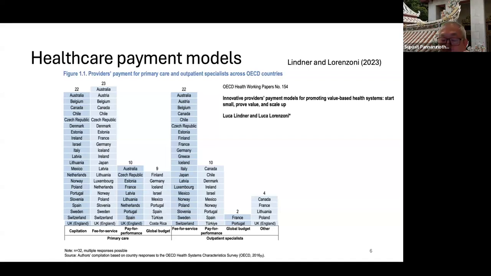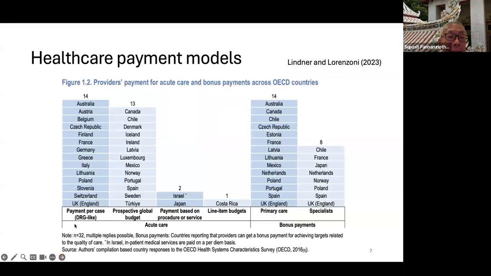Next slide, yeah. This slide is the provider payments for acute care, and the dimension of bonus payment. Acute care covers inpatient acute care.